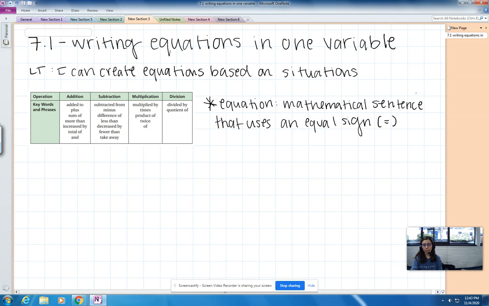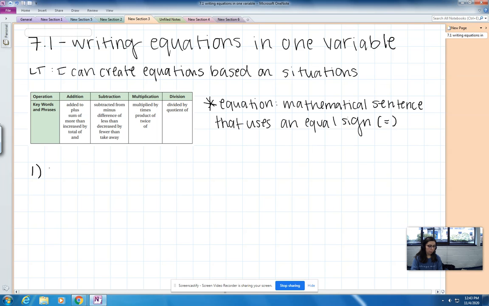So it can have variables, numbers, symbols, but it always has an equal sign. Today, we're going to be writing equations in one variable. So that means it will be an equation that has one variable, one letter that represents an unknown number in it. So let's go ahead and do some examples to see how this actually works.